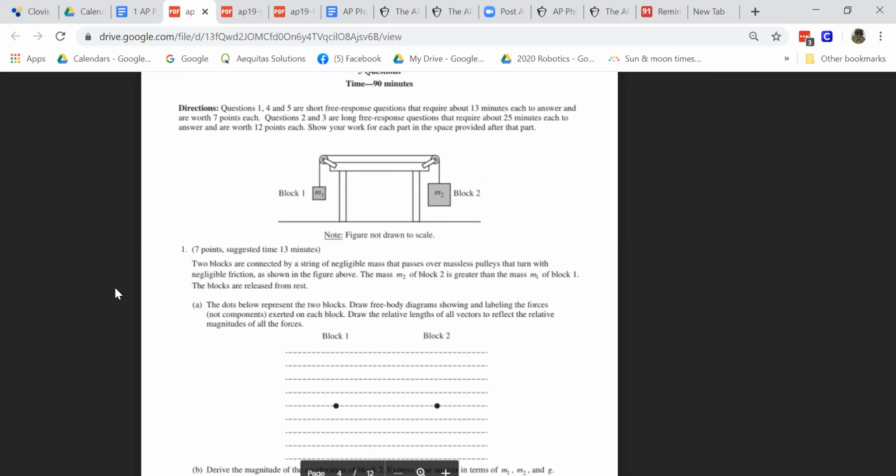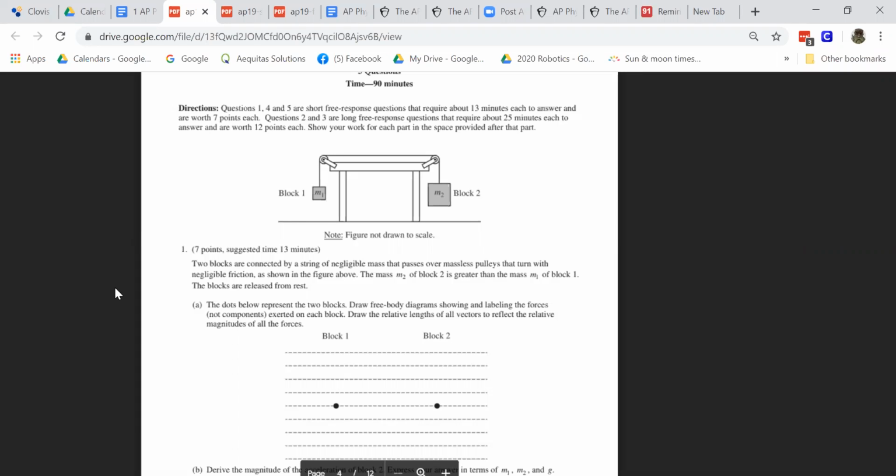Says two blocks are connected by a string of negligible mass that passes over massless pulleys that turn with negligible friction, as shown in the figure. The mass M2 of block 2 is greater than the mass of M1. The blocks are released from rest.